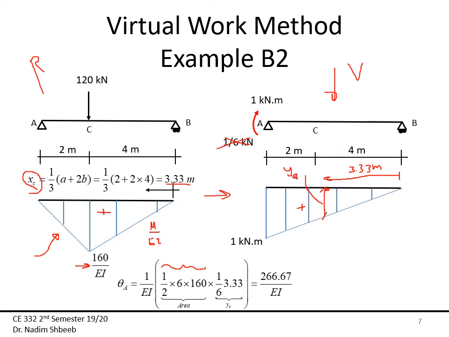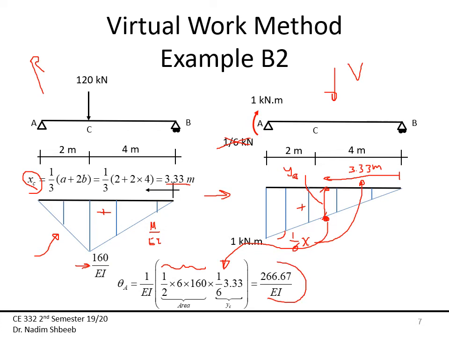What I'm finding is the value of this moment right here. We always know that this is simply 1 over L, which is 6, times x. Now x is 3.33, which will give me this value right here, which I did over here.